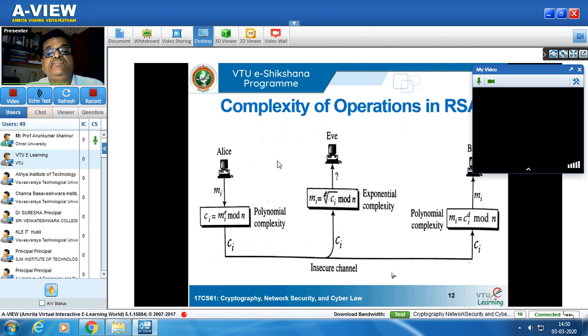So in brief, the entire operations of RSA is involving polynomial complexity and exponential complexities. It is involving a lot of multiplication and division operations, and because of that the operations become very complex and performance actually degrades.